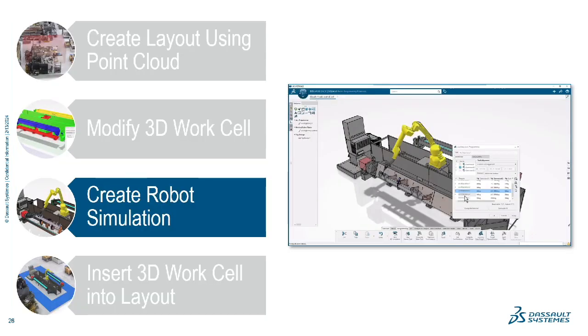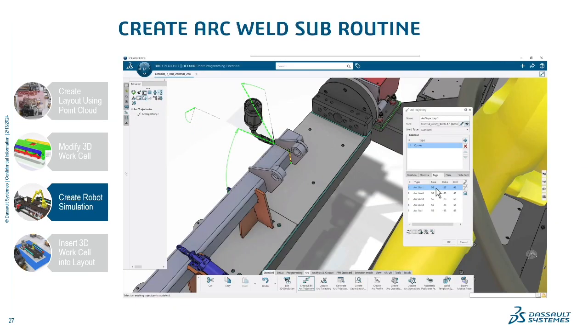Okay. So next step would be to create my simulation, execute on a couple different things. So everything's mounted. Now I want to create my routines. And since I'd used this robot before, it did create an arc profile, which is a one-time setup thing.